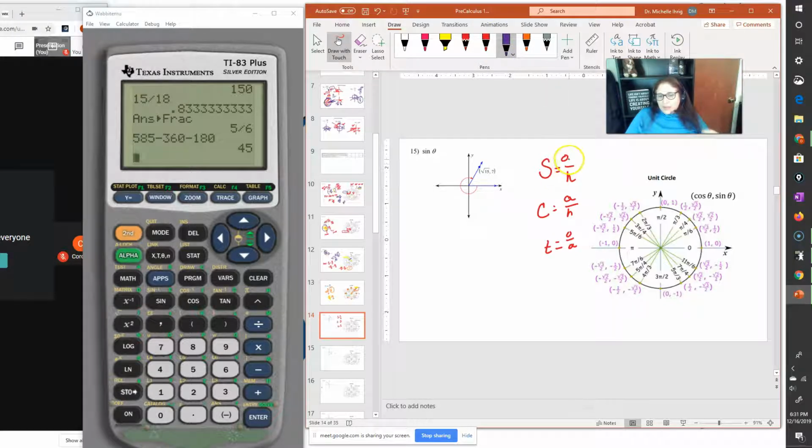Instead, what you're going to do is how we have opposite over hypotenuse. Really, I just want you to think of sine theta as the y value divided by the radius. Your cosine theta is going to be your x value divided by the radius.